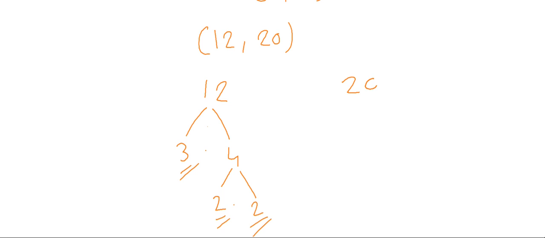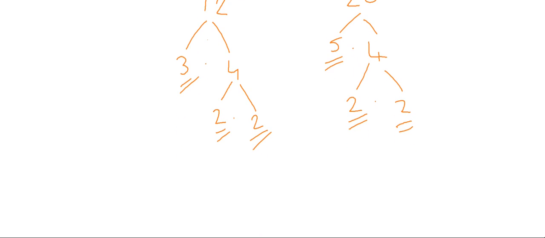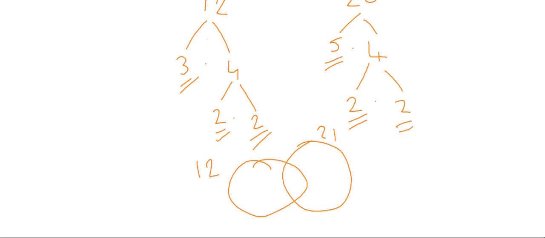Same thing with 20. You can do 5 into 4, right? That gives you 20. You can divide 4 further, 2 into 2. Now this is prime, this is prime, this is prime. Now from this you need to find the greatest common divisor, right? So if we do something like this, okay, so that's 12 and that's 20, right? What are the factors of 12?